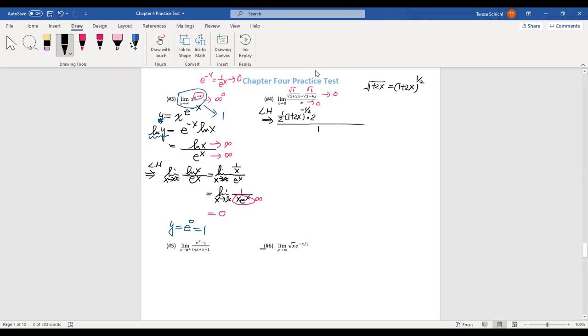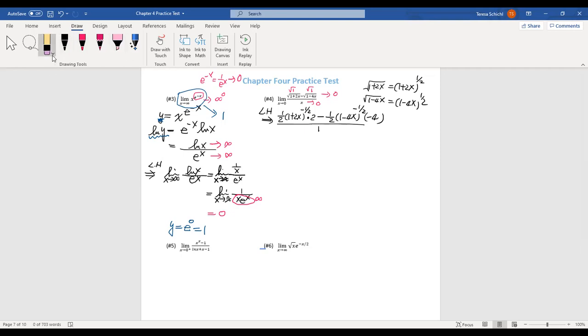Okay, then you minus, and here the same: the square root of 1 minus 4x is 1 minus 4x to the 1/2. So this is 1/2, then 1 minus 4x to the negative 1/2. Then don't forget the chain rule, right? So it's negative 4.